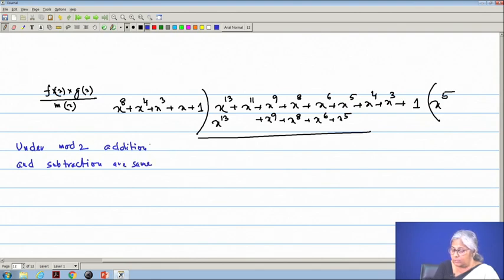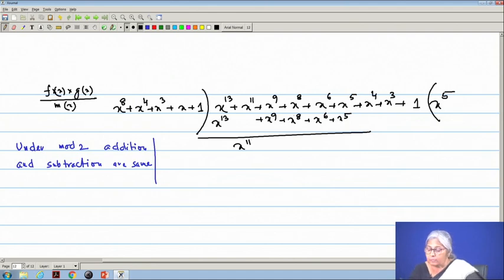So, we are not using any minus sign. So, it is only x to the power 11. Then these will all cancel out, then x to the power 4 plus x cube plus 1.